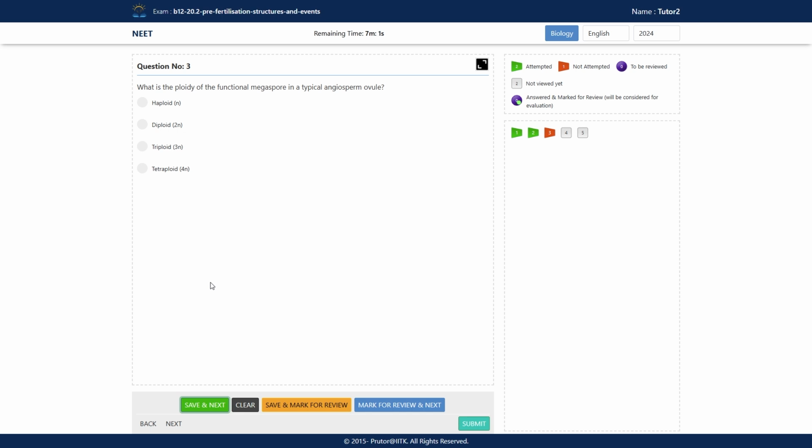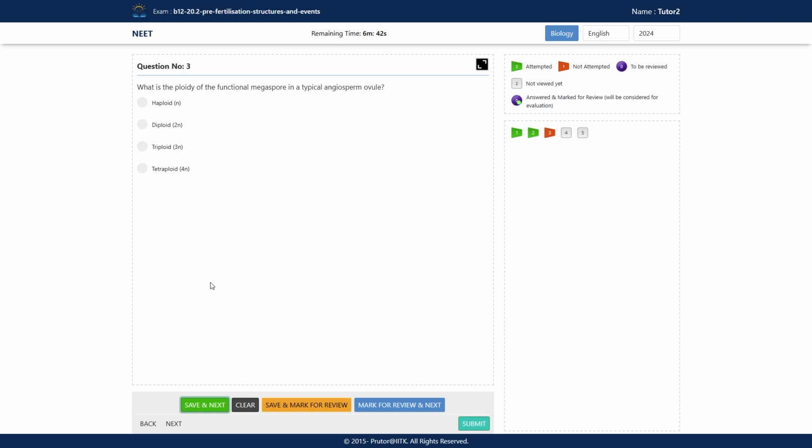What is the ploidy of the functional megaspore in a typical angiosperm ovule? Ploidy of the functional megaspore. Now the term is there, whether it is all megaspores or a functional megaspore. So let us see the options here.